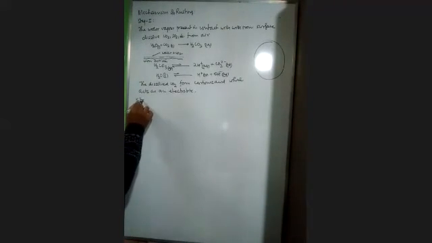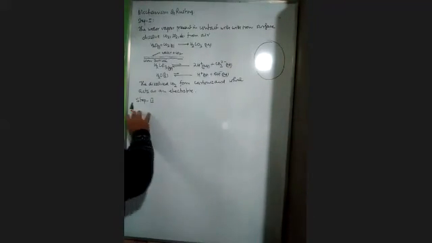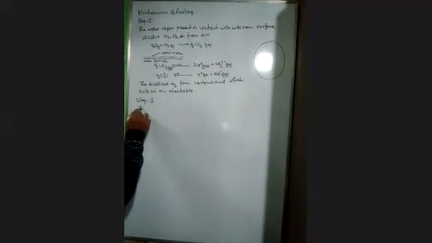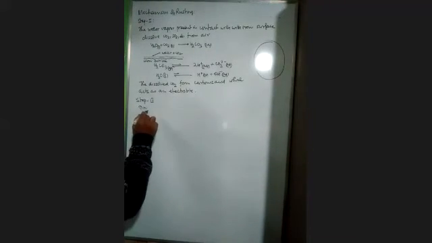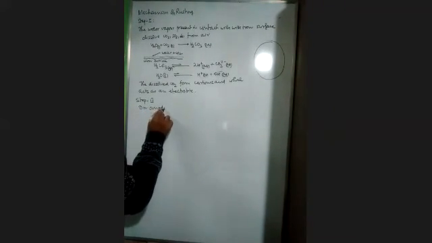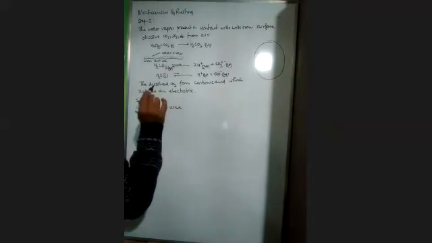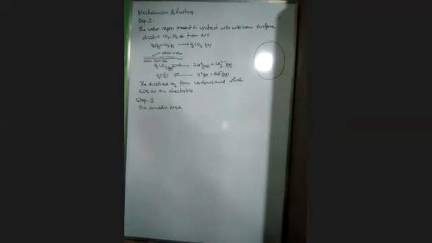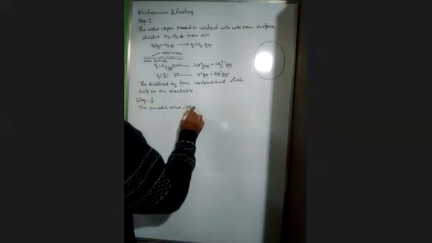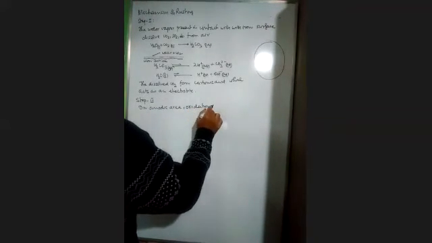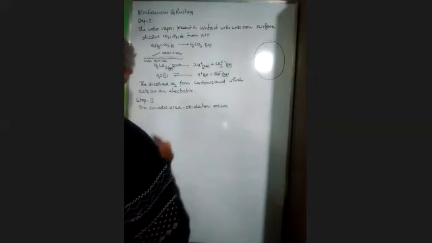Step 2. See, here iron now acts as an anode. In the anodic area, meaning where iron is there, impurity is not there, oxidation occurs.